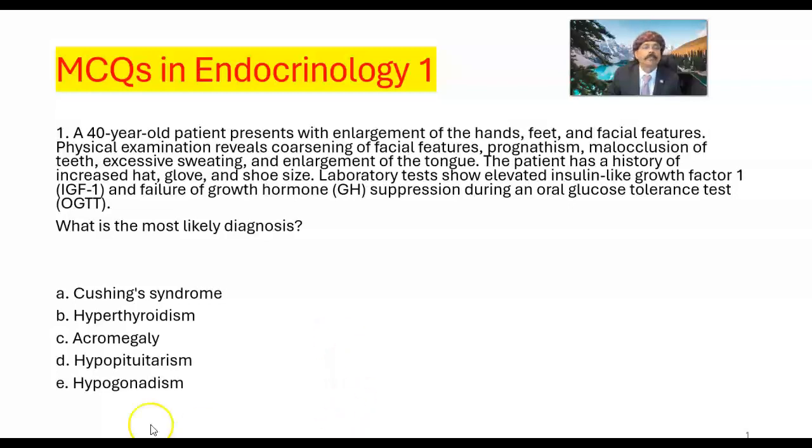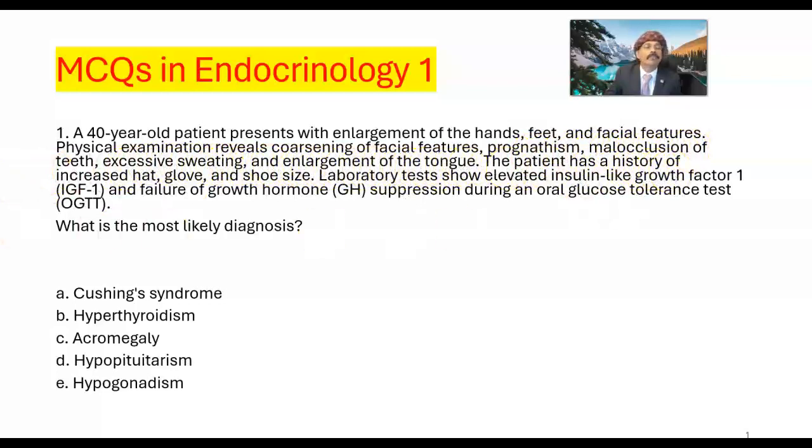Let us start. A 40-year-old patient presents with enlargement of the hands, feet and facial features. Physical examination reveals coarsening of facial features, prognathism, malocclusion of teeth, excessive sweating, and enlargement of the tongue.